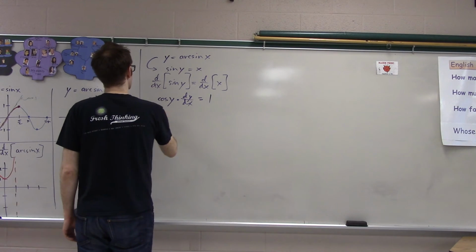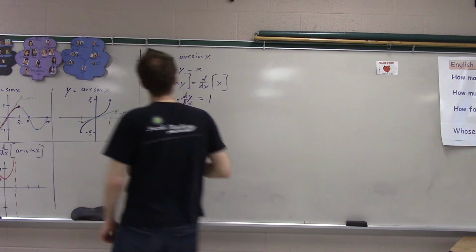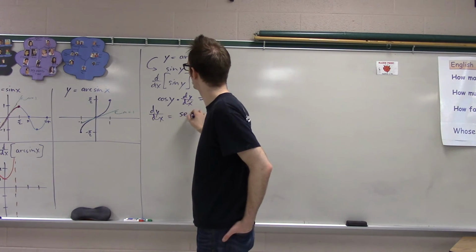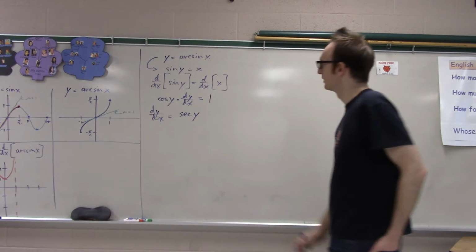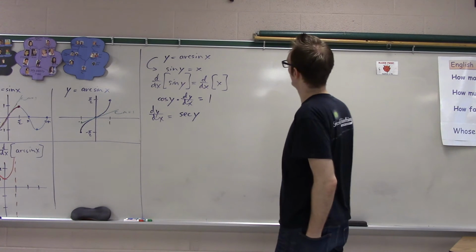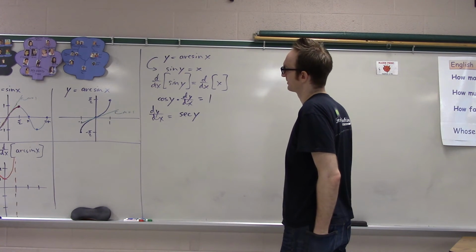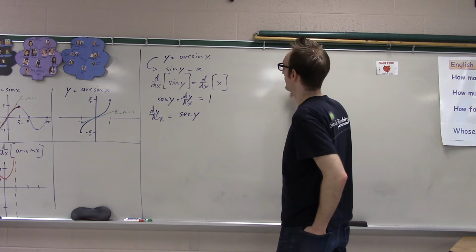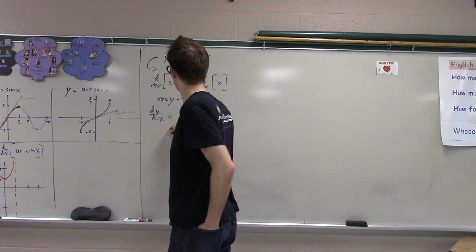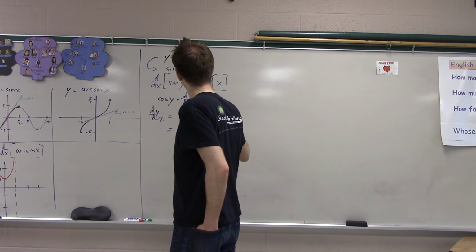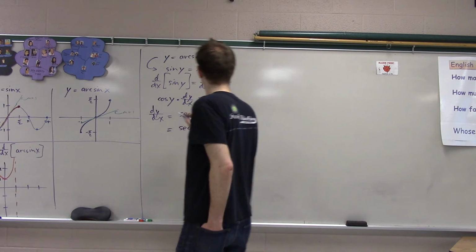So what is dy/dx? dy/dx is just 1 over cosine y, or just secant y. So that was actually even easier than the arctan formula. Now what I have to do is some precalc. What I need to know is, this is really like saying, what is the secant of the arcsine of x?